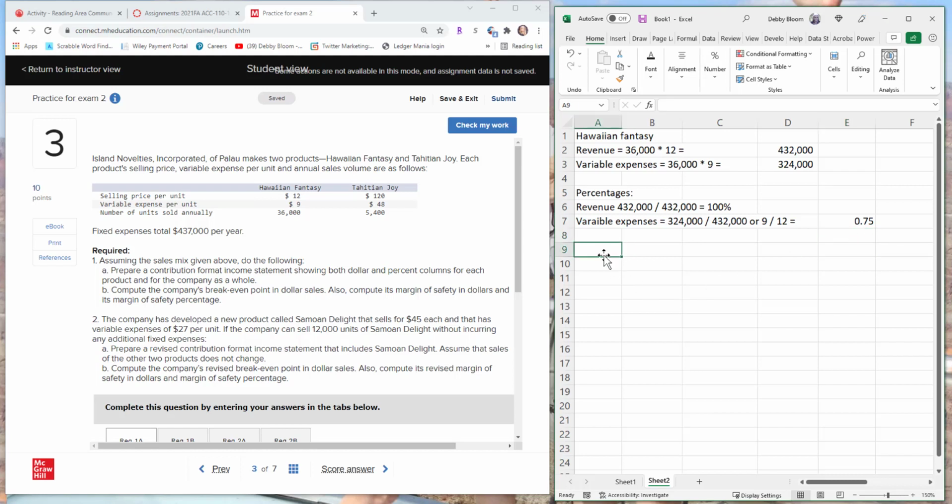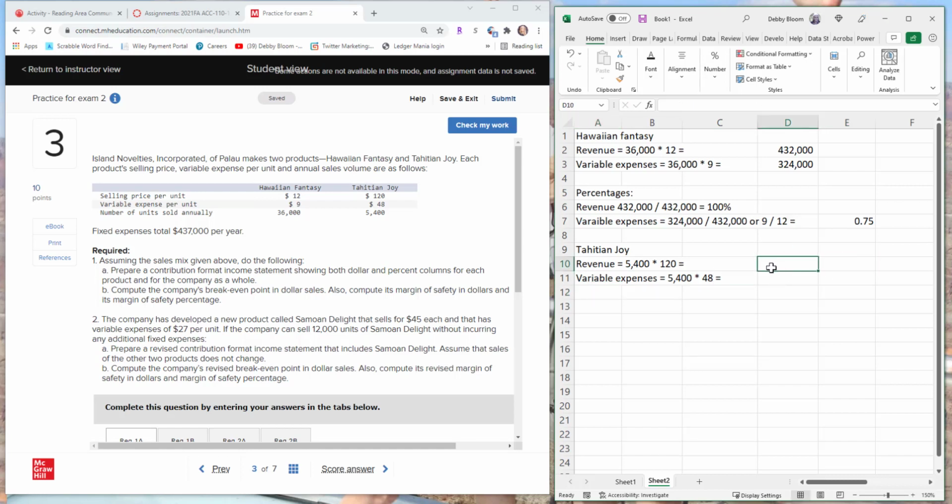Now we're going to do that for Tahitian Joy. So for Tahitian Joy, our revenue is going to be calculated as 5,400 multiplied by 120, and our variable expenses are going to be 5,400 multiplied by 48.